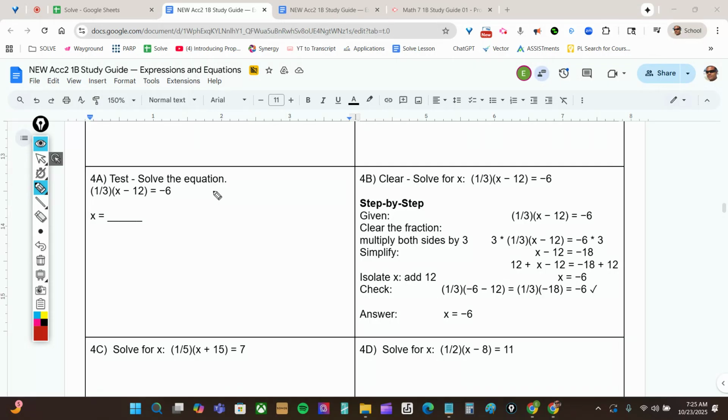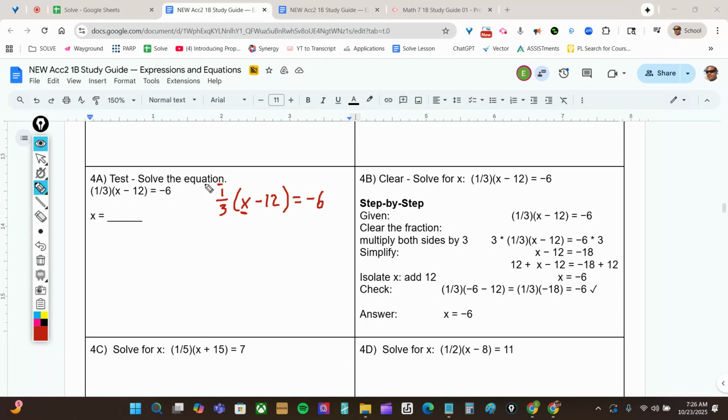So we've got, and I'm just putting it over here to this side, 1/3 times x minus 12 equals -6. We're trying to isolate this x, so we need to first get rid of this 1/3.